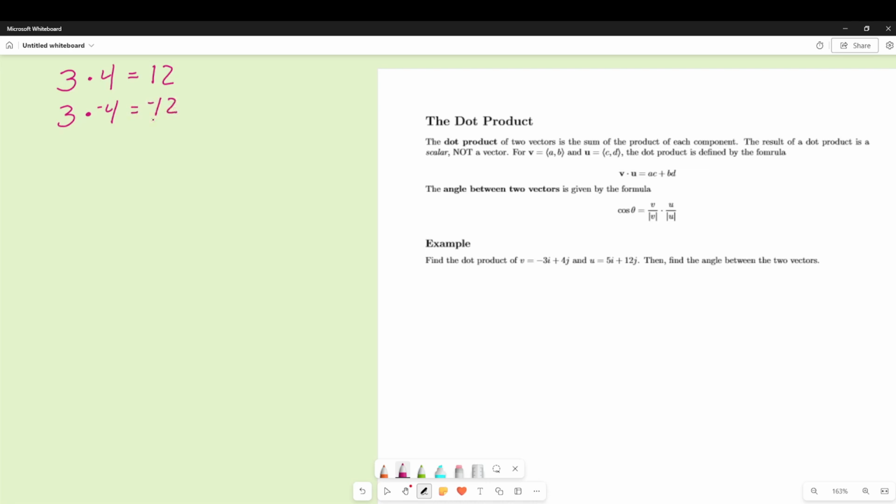It's -12, and that doesn't change when we talk about dot product. If we take -3 and multiply by +4, we know we get -12.